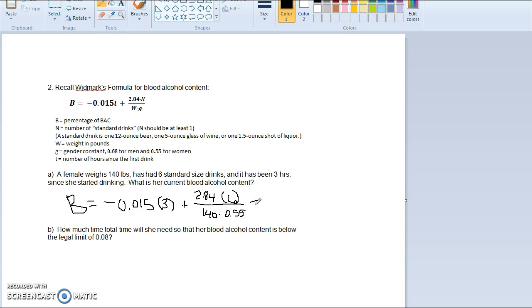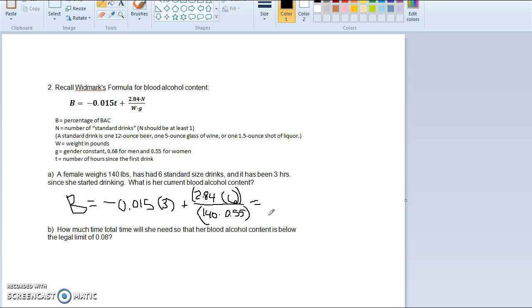Now, if we calculate that out, we have to be careful. You can do it in parts. You could do the 2.84 times 6 and the 140 times 0.55 separately and get those numbers. If you did want to put it into your calculator straight across, you would have to remember to put parentheses here and here.